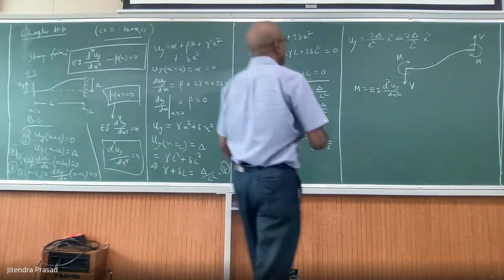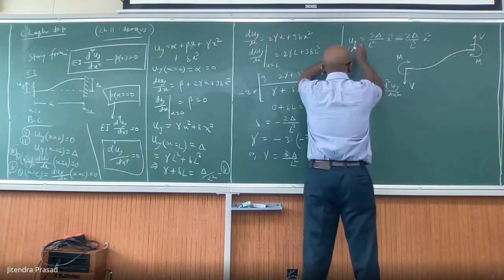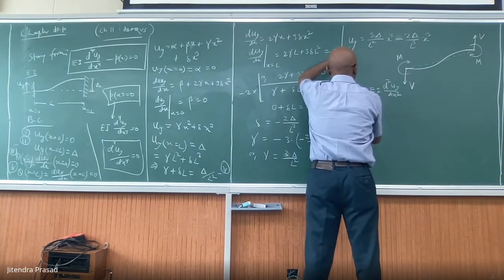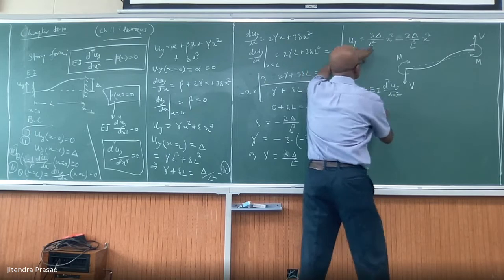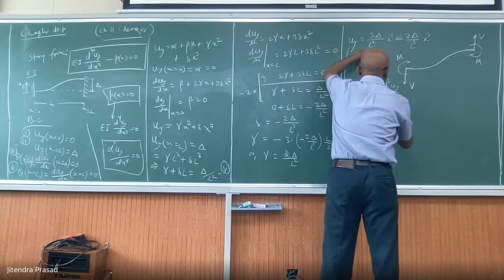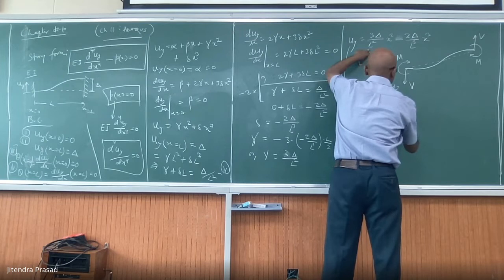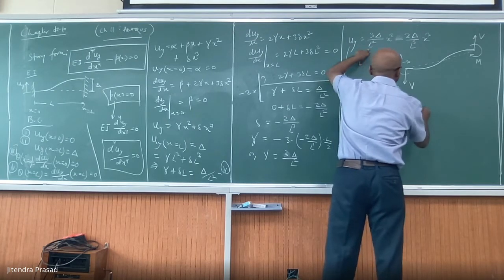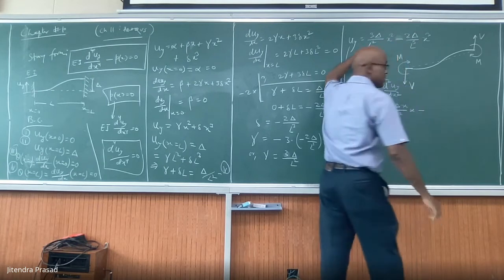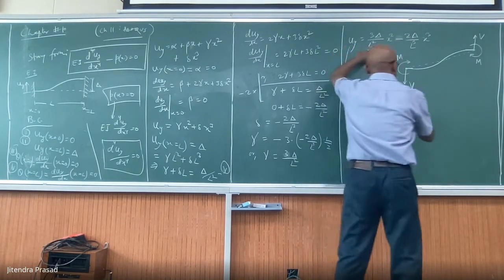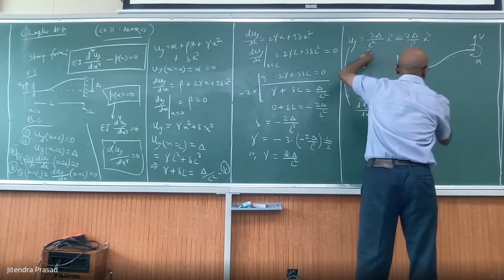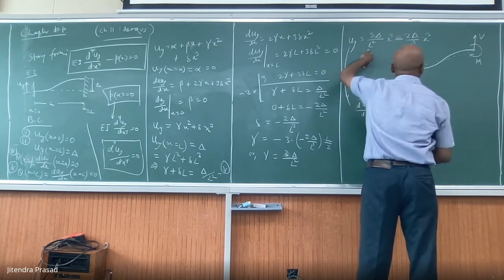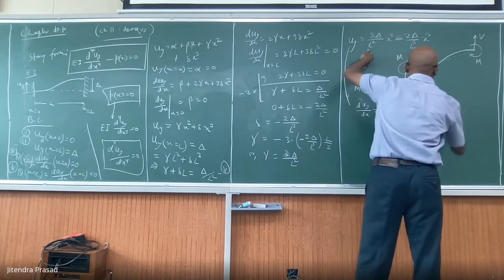And hence we are going to double integrate. So from here, d square uy over dx square will be equal to 6 big delta over L square minus 6 big delta over L cube x.